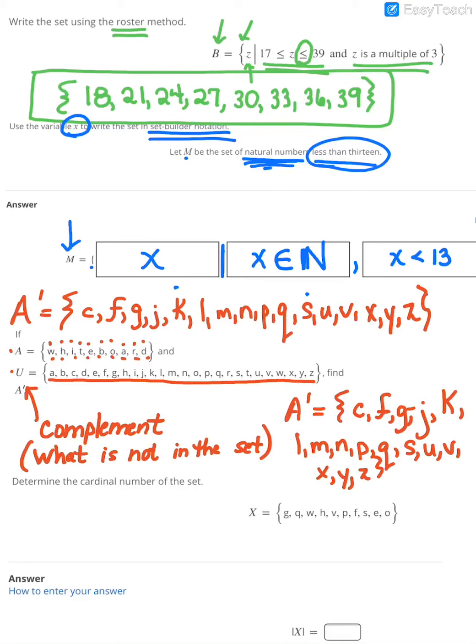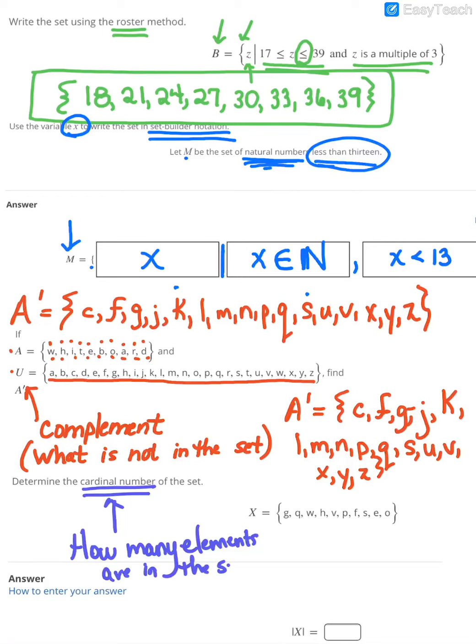All right, on the next one, we're being asked to determine what's called the cardinal number of a set. Cardinal number just simply refers to how many elements are in the set. And so I'm just going to count them. 1, 2, 3, 4, 5, 6, 7, 8, 9, 10.